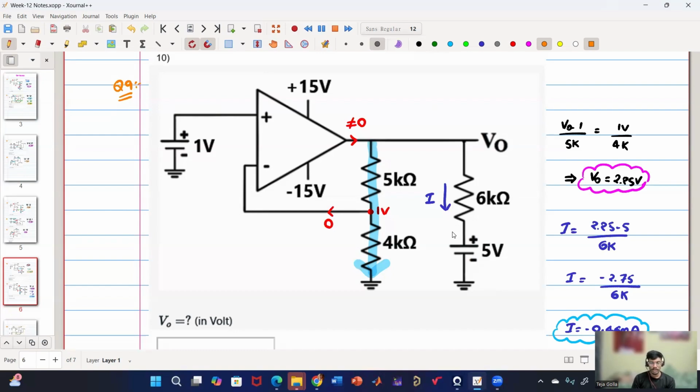I have to consider one direction and apply KCL for that direction. Applied KCL at which node, sir? The 1 volt node I have. So that's why V0 minus 1 by 5k, current entering equals current leaving, right? Okay, sir. Yes, sir. I got it.